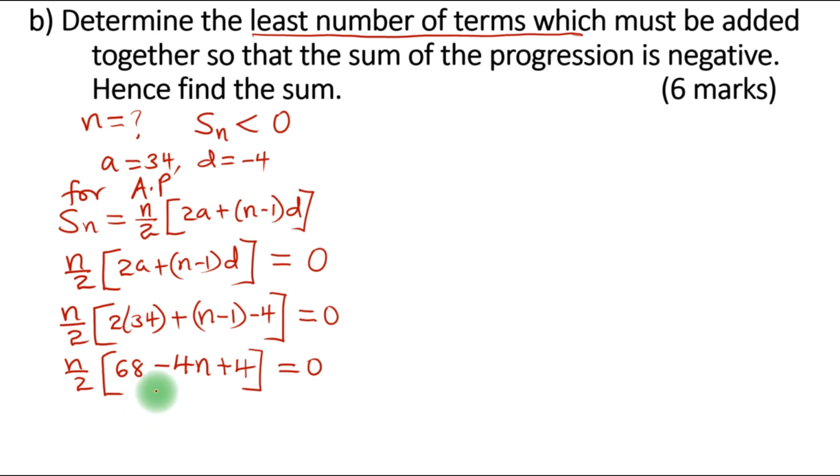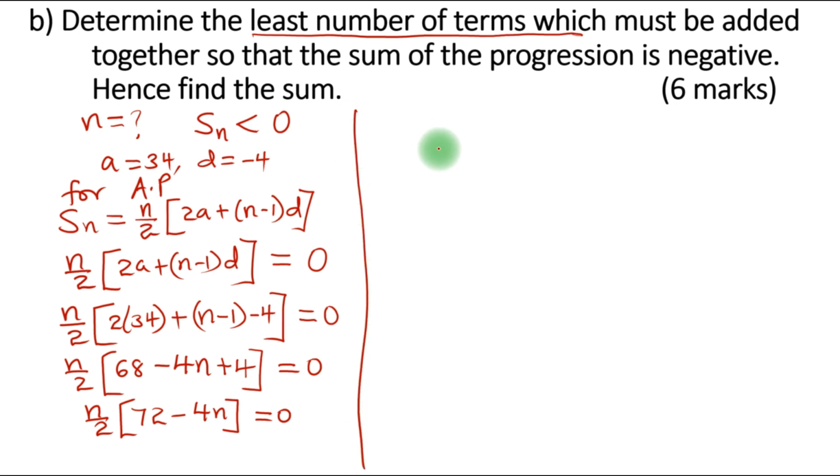So the next step here will be to collect the terms. So we have n over 2, open the bracket, 68 plus 4, that is 72, then minus 4n, close the bracket, will be equal to 0.